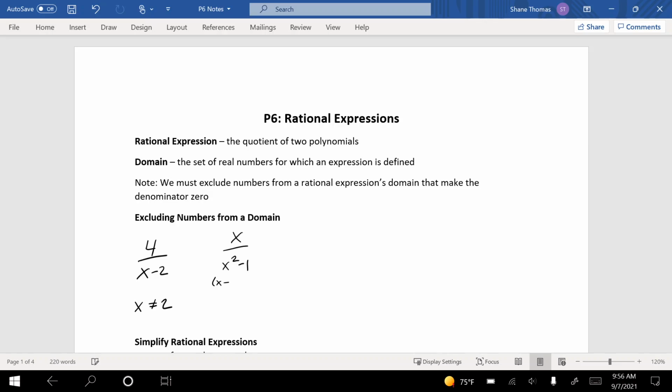X minus 1, x plus 1. So what two numbers would make this 0? 1 and negative 1. X cannot equal plus or minus 1. You with me so far? Yeah. Okay. I'm going to write up 2 here.